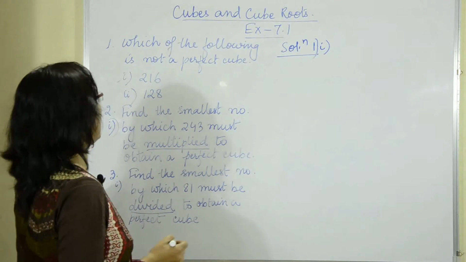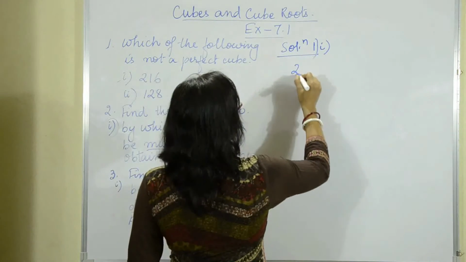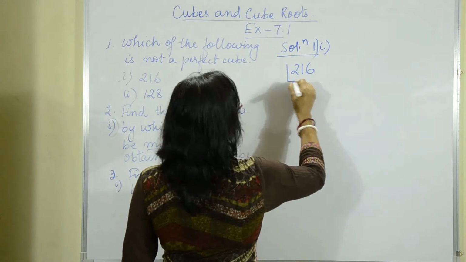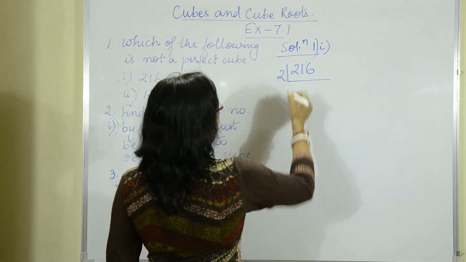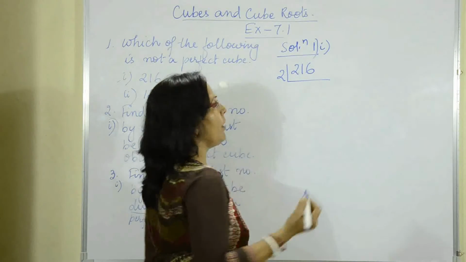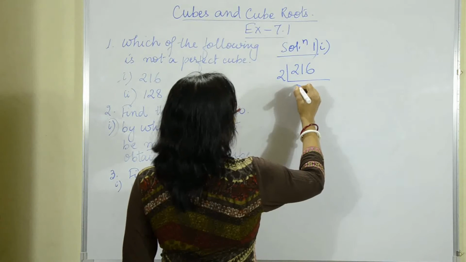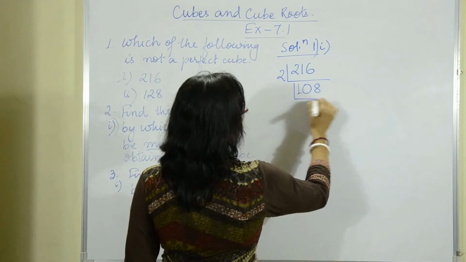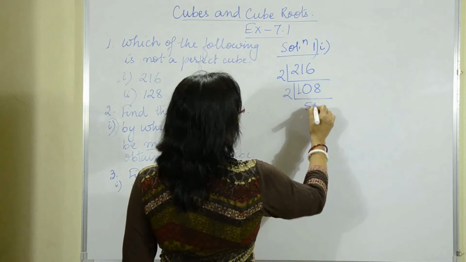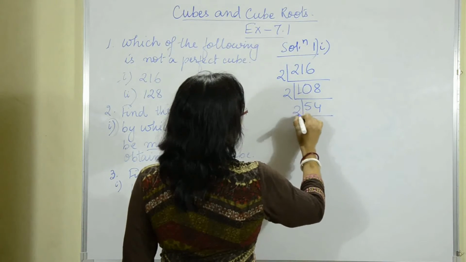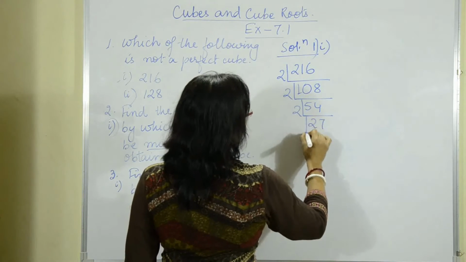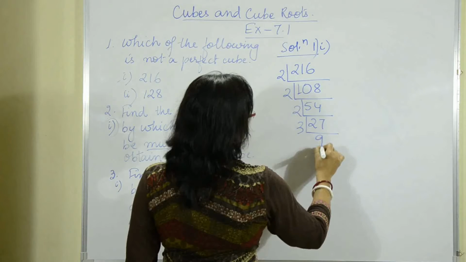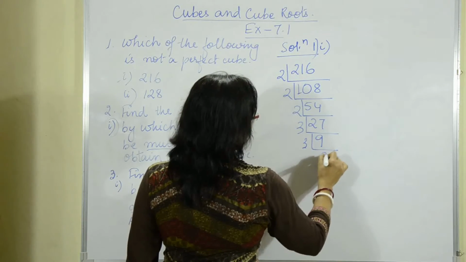Solution of one is number 1, 216. How do we do it? We just find out the prime factors. We know how to find out prime factors. It is 216, 108, 54, 27, 9, 3.